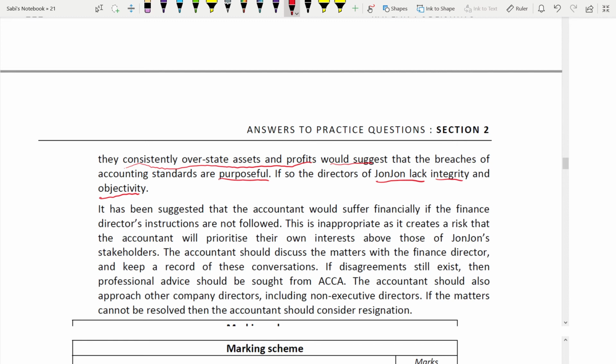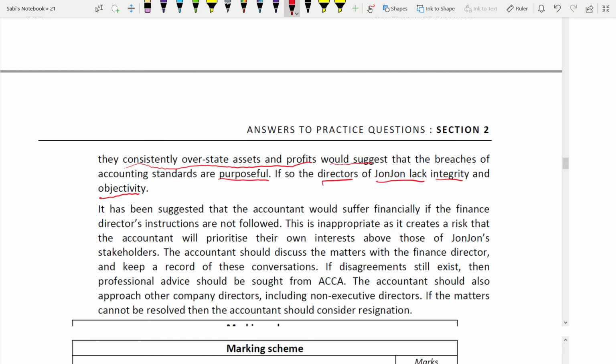Who is lacking it? It is the director, not the accountant. The accountant is forced to do it by the director, but they still didn't do it. The accountant is the one who is being told to do this, do this. So they lack integrity. They are not honest. They are not independent also. They have a self-interest, a motive. So, lack of integrity and objectivity.